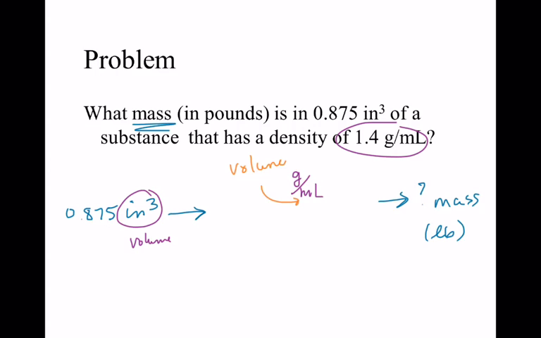Basically, we have to fix our volumes so they agree. And then we can go ahead and use density, but it's kind of frustrating because we can use density to get to grams after we get to milliliters for volume, and then we got to fix our mass to get from grams to pounds. So I have here kind of diagrammed one way to probably go about this.